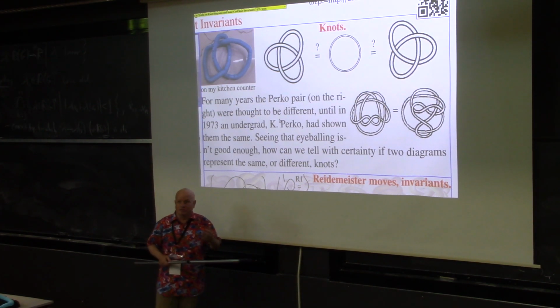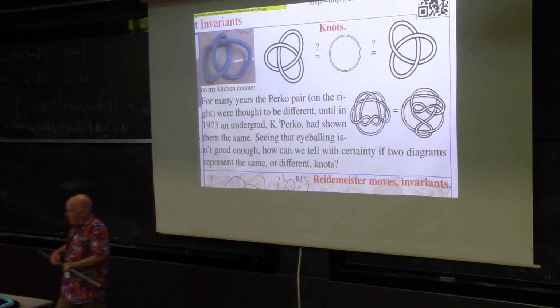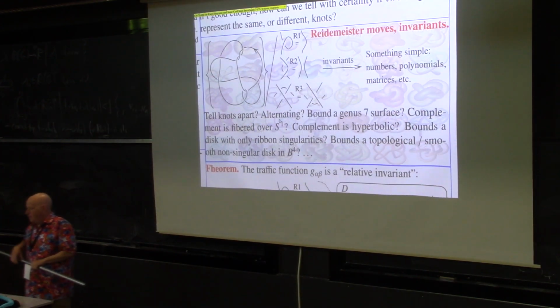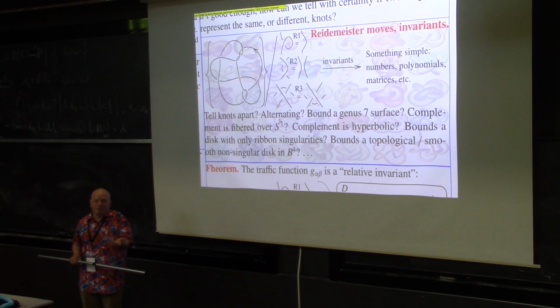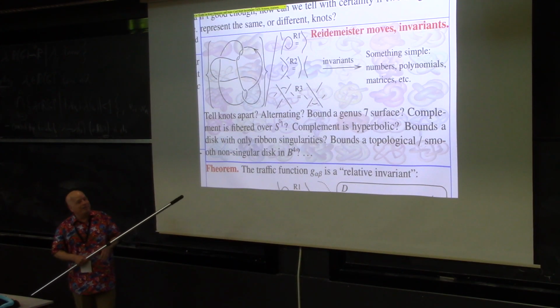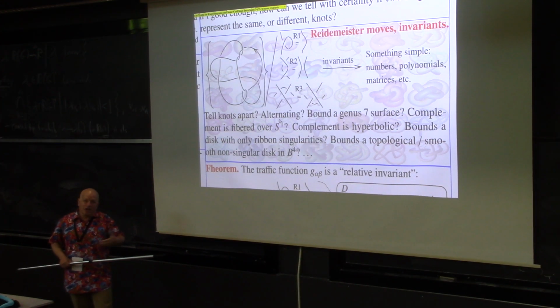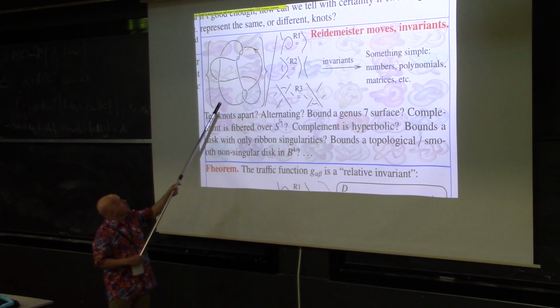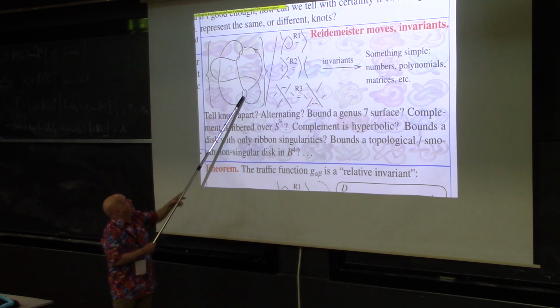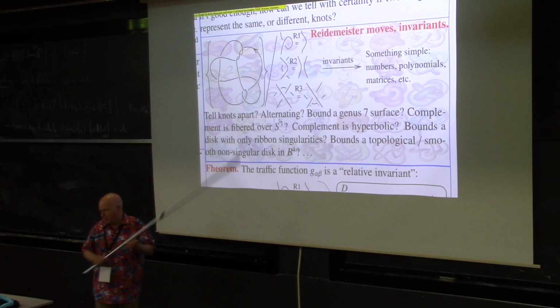So we need tools, okay? And one tool is the so-called Reidemeister move theory and the so-called theory of invariants. So basically there is a theorem, which I will not prove, that says that knots are the same as knot diagrams, namely pictures drawn in the plane.